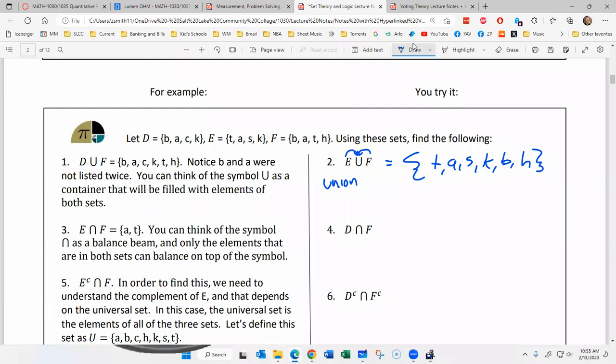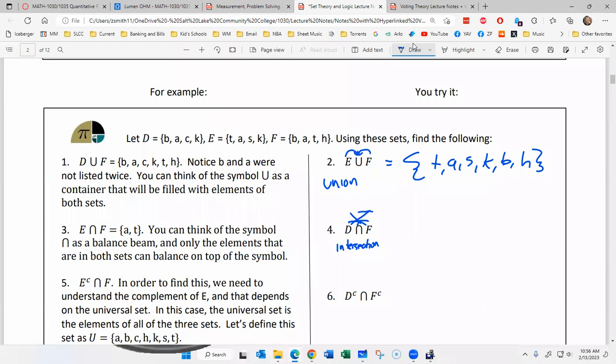Now, this is the intersection. Only stuff that's in D that's also in F will balance on that shape, like a teeter-totter. It has to be on both sides. If it's only in D, then this teeter-totter is going to fall off. If it's only in F, it's going to fall off. We want it to be balanced on the top of that shape.